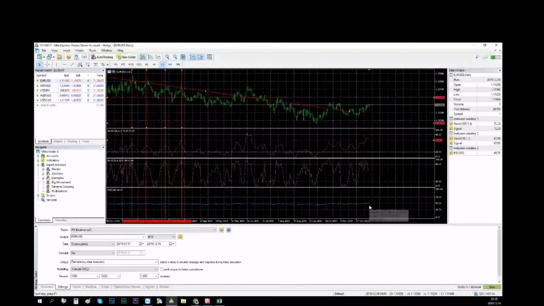But RSI is giving a response very late. So I like to be first in the trend. You know, if the price is near to the uptrend, I want to buy immediately. But if you are looking at RSI, there is a little lag in these buy orders.